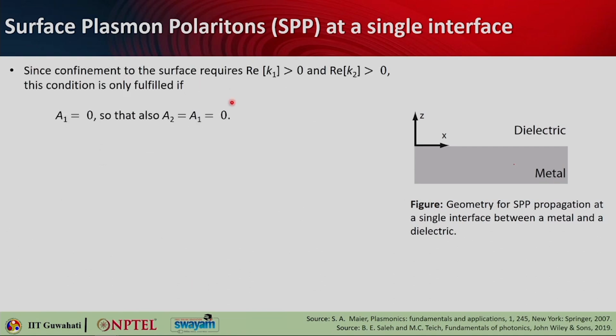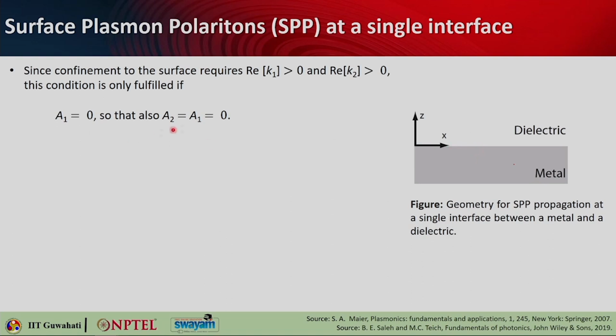Since we need confinement to the surface, you have to make sure that there is confinement on the surface, so you will require that the real part of k1 is positive and the real part of k2 is also positive. Then only they will be confined along the surface.